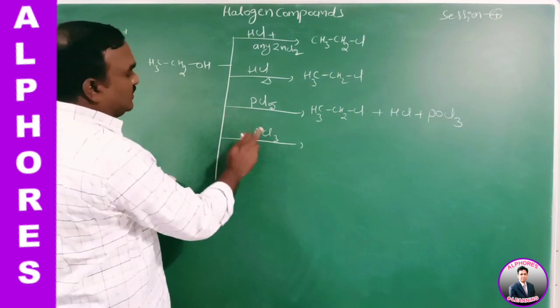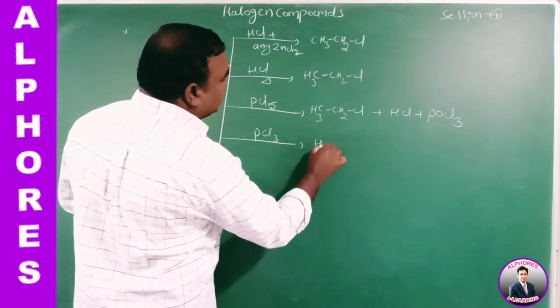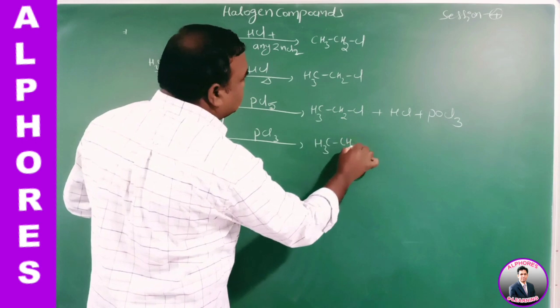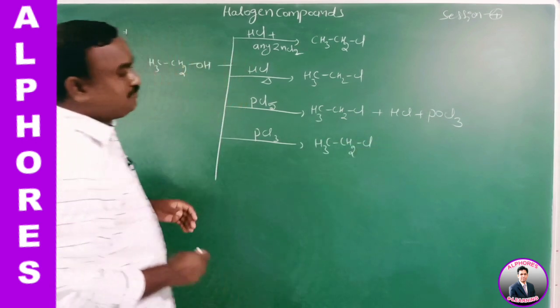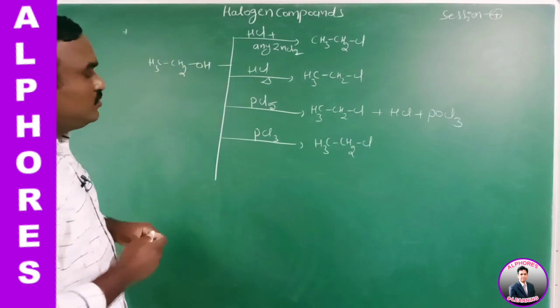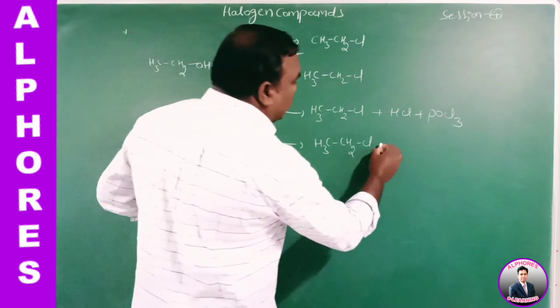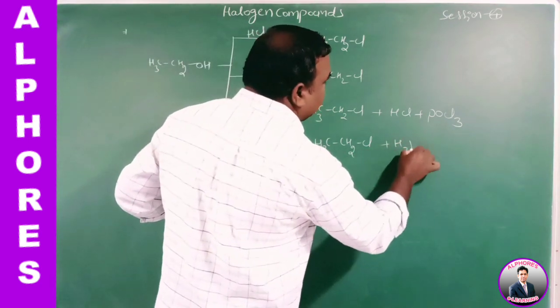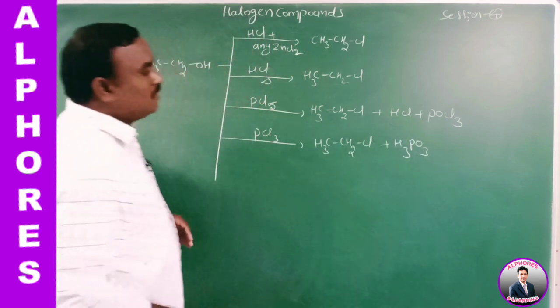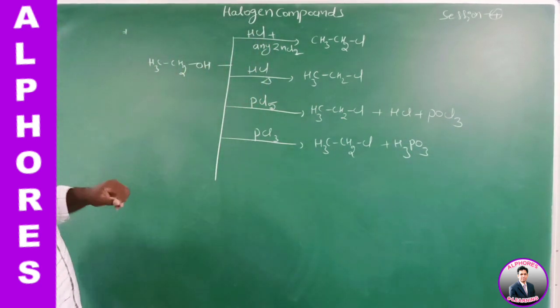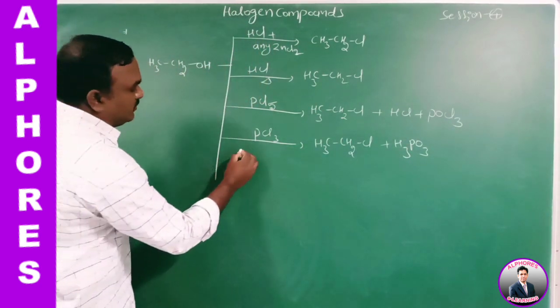Here OH minus is substituted by what? Cl. CH3CH2Cl here. But the byproduct is H3PO3, you remember.